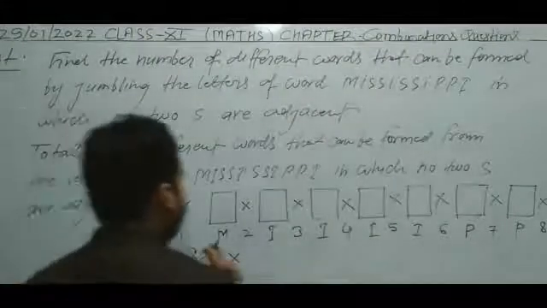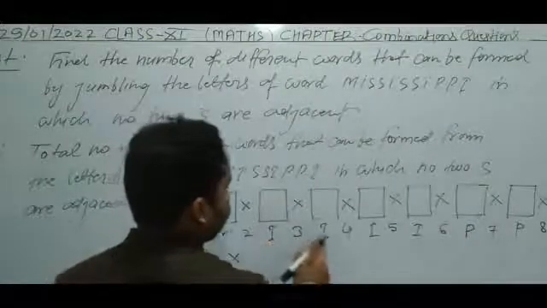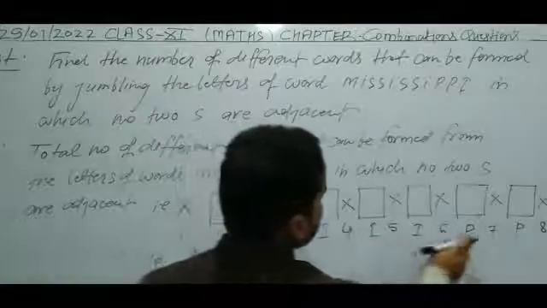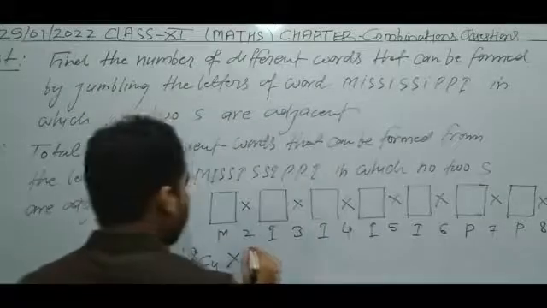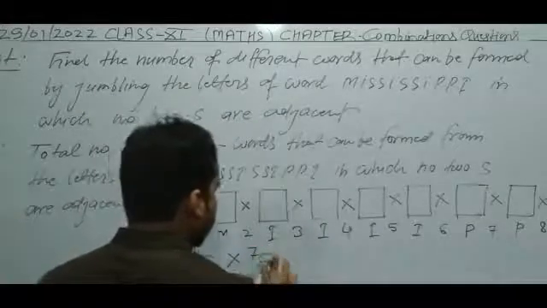The remaining alphabets are 1, 2, 3, 4, 5, 6 and 7.